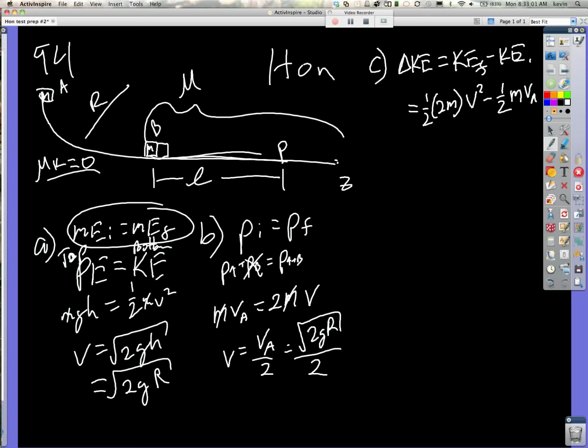Do you see what I did there? I just plugged them in. This is V, plugged it in. That's VA, plugged it in. And when we do that, I get my m here, and then this becomes GR over 2, and then minus mGR, which gives me negative mGR over 2. That's how much energy we'll lose.